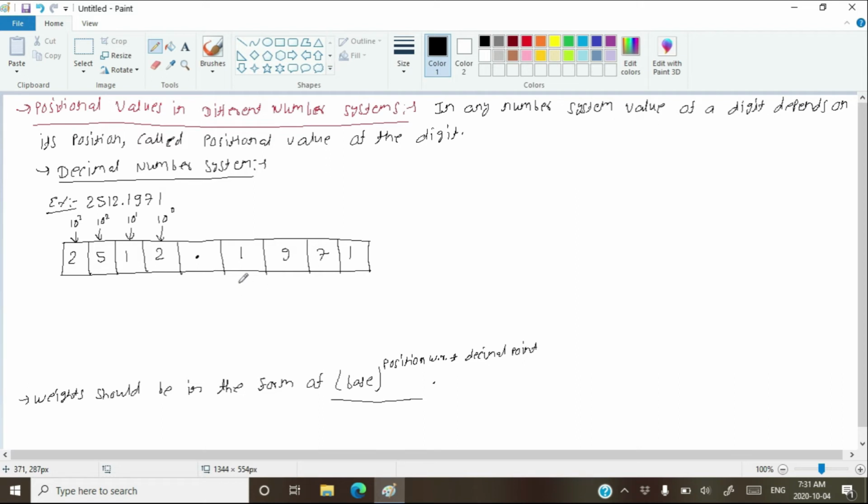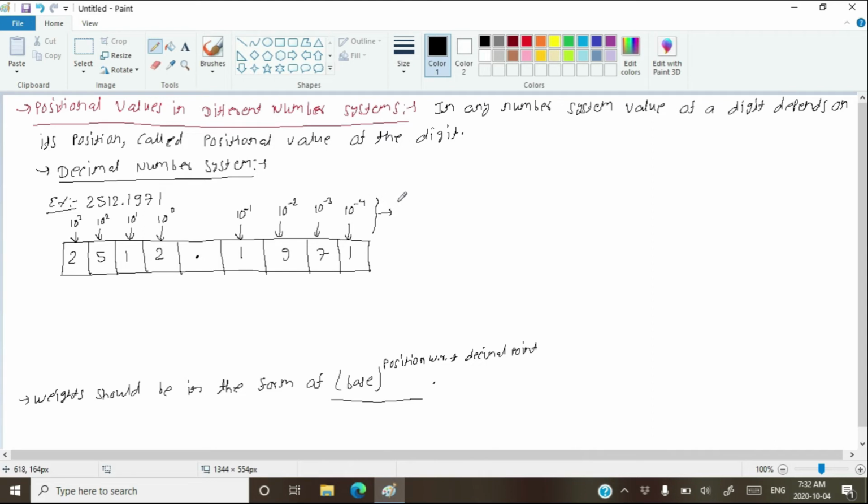For the fractional part of the number, you start giving weight from here at 10 to the power minus 1. You start your weights from minus 1. Then you do 10 to the power minus 2, 10 to the power minus 3, 10 to the power minus 4. These are called weights or positional values.